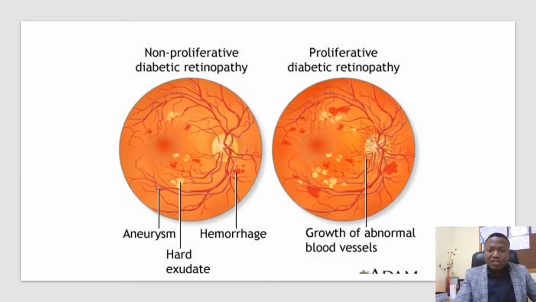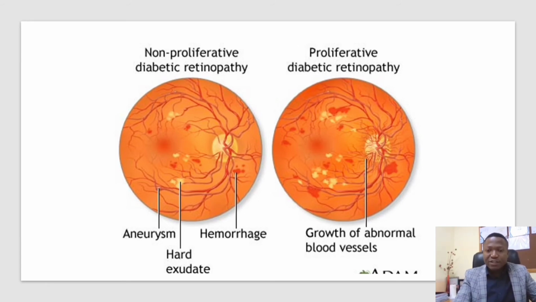In the second stage, there will be hard exudates and also hemorrhage. And in the third stage, there will be all three: microaneurysms, hard exudates, and hemorrhage.